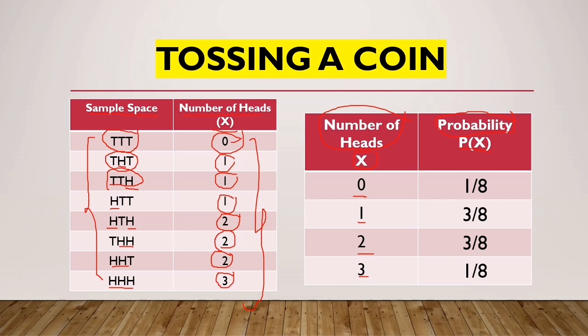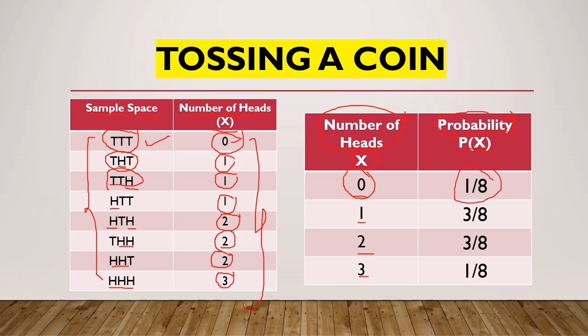So what is the probability when you toss a coin 3 times that no head would appear, or the number of heads is 0? Of course, we only have one outcome where there is no head, and it is represented by 3 tails. So when you toss a coin and it happens to appear as 3 tails, then there is no head. So the probability that the number of heads is 0 is 1/8.